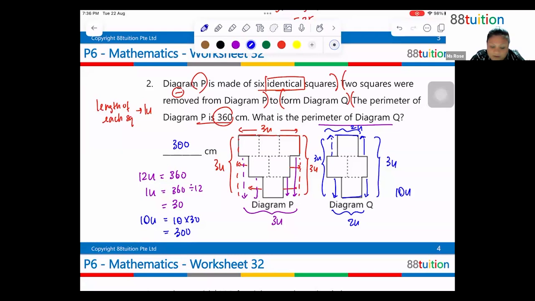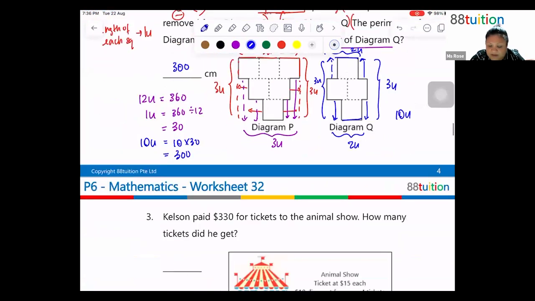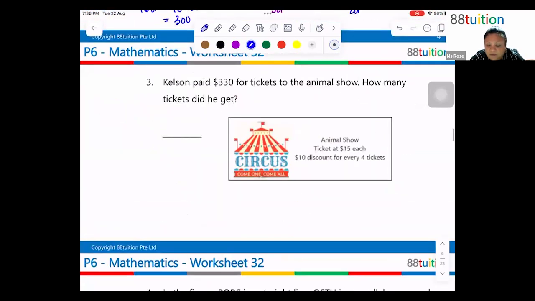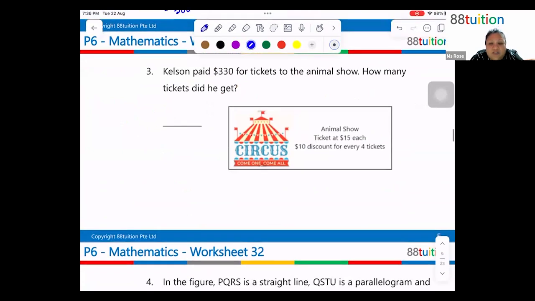So let's look at question number 3. Okay, so question number 3 is a grouping question. Take note, what is the information given to us? So we know that 1 ticket is $15 each, but $10 discount is given for every 4.